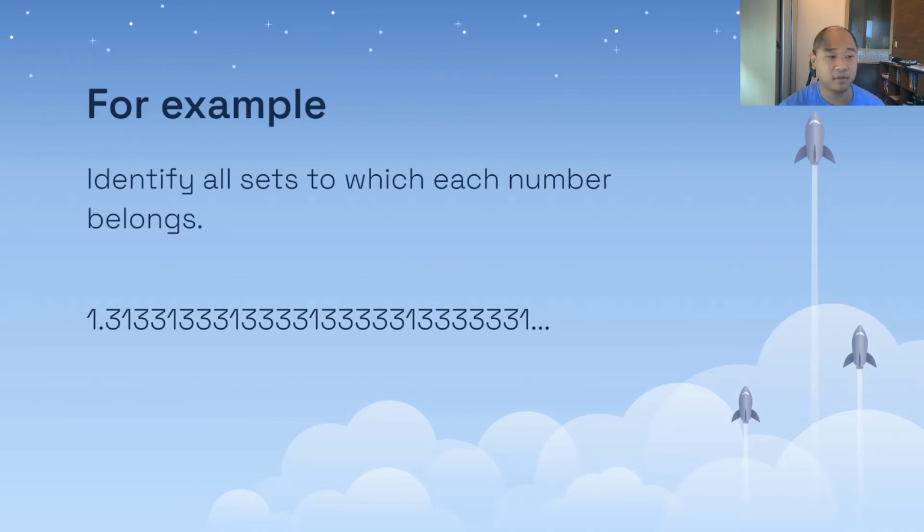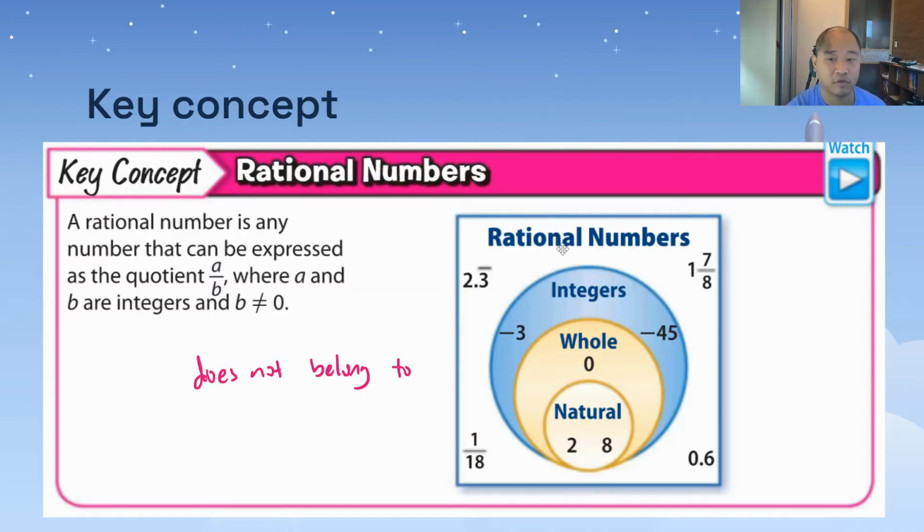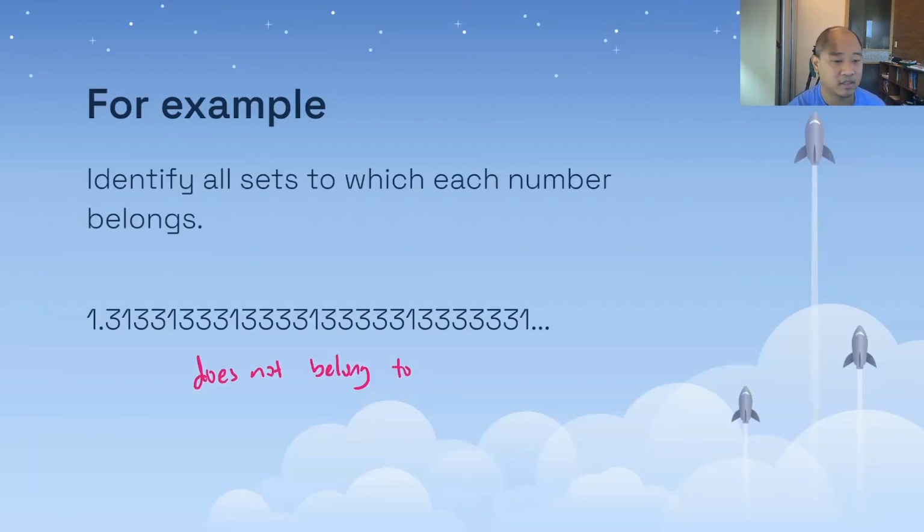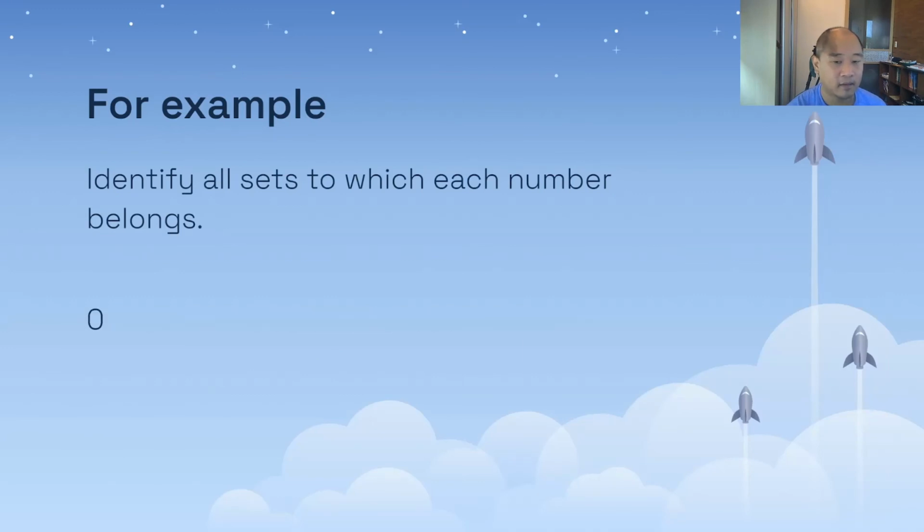This does not belong to any of these sets that we've learned about so far: rational, integer, whole, and natural. Those are the only ones that we're talking about today. Does not belong. Okay. The last one I want you to do yourself.